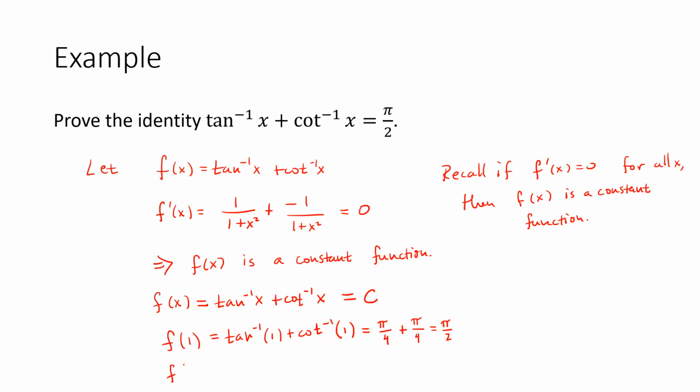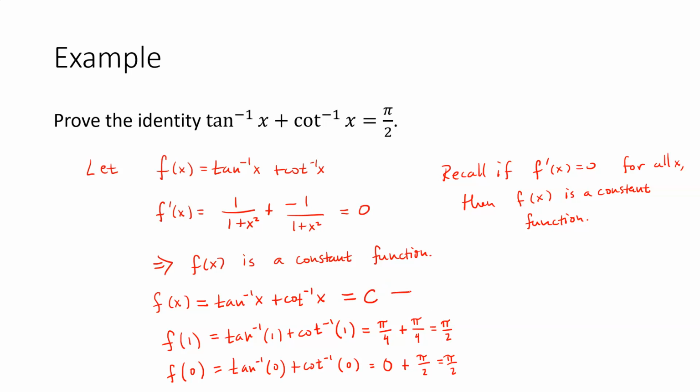Notice we would have gotten the same thing if I chose any other value. Say I tried f of 0. We get tan inverse of 0 plus cotangent inverse of 0. Well, we know tan inverse of 0 will be 0. Cotangent inverse of 0 will be pi over 2. So that also gives us pi over 2. So whatever value of x we choose to plug in here, we'll always get pi over 2.